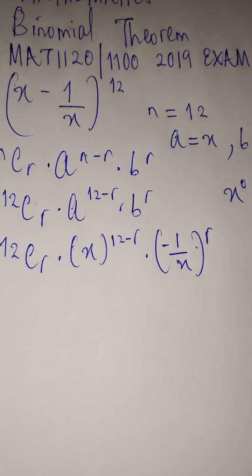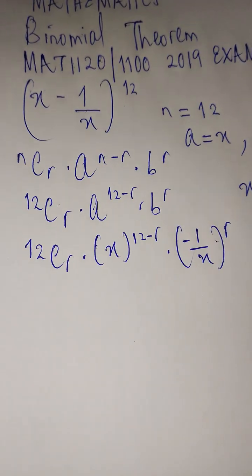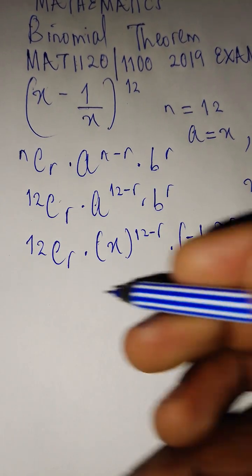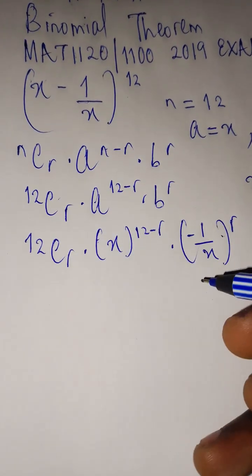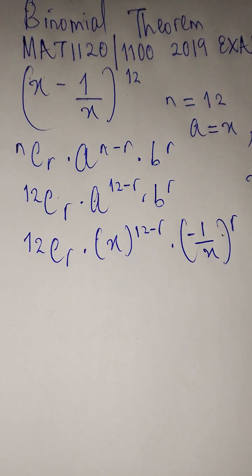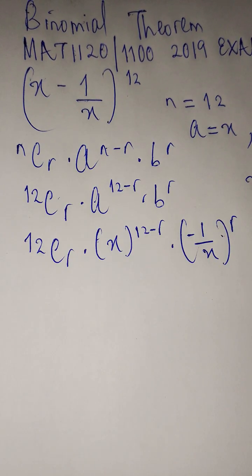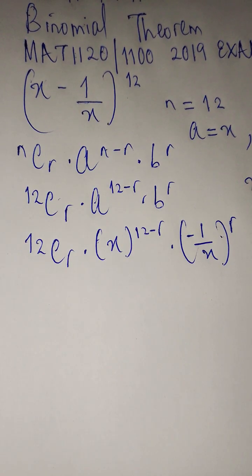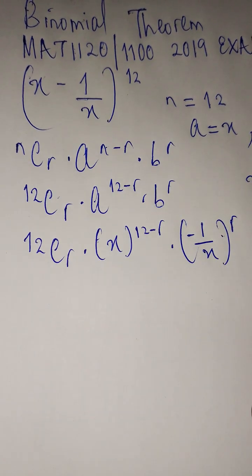So we're going to use that. We're just going to consider those with x values, because that can be easy for us to find the term independent of x. So we're not going to consider the combination and all that. We're just trying to find the value of r.